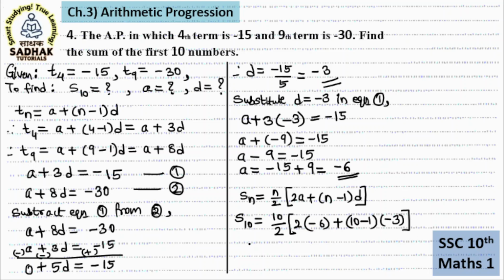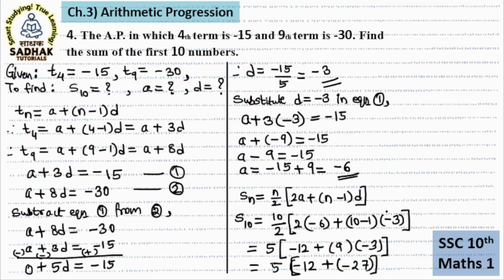So 10 divided by 2 is 5. 2 multiplied by minus 6 is minus 12. 10 minus 1 is 9, and that 9 will be multiplied by minus 3. So that gives us 5 bracket minus 12 plus 9 times minus 3, which is minus 27.